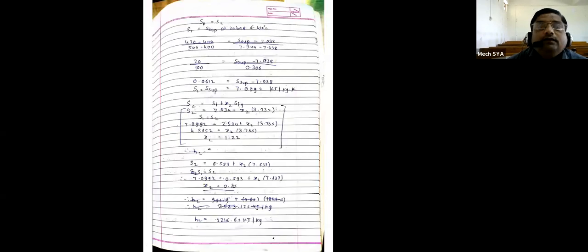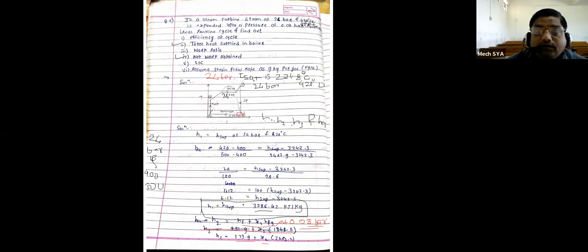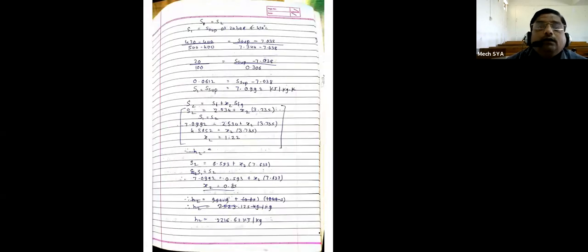So this will be the value. We call this equation number 1. Then we have to find out X2, the determination of X2.